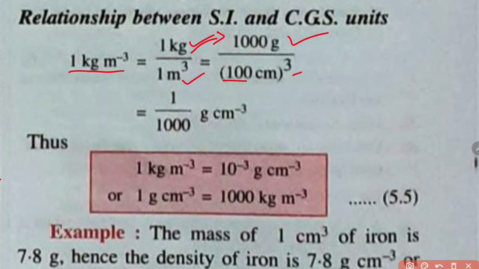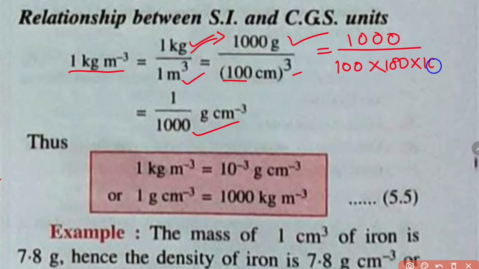So if we cancel the zeros, we shall get 1 upon 1000 gram per centimeter cube.